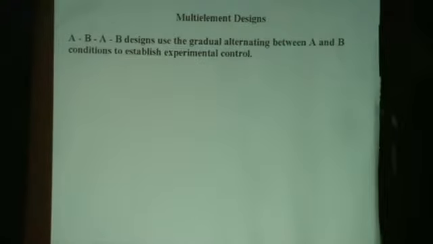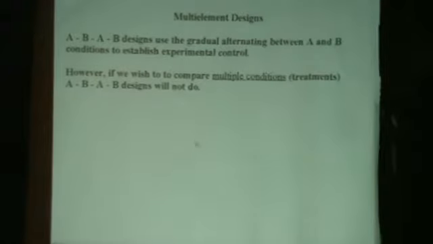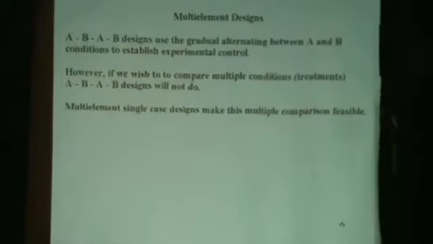That's how they establish experimental control: presenting a baseline, then an intervention, then withdrawing the intervention, going back to baseline, and then the intervention again. However, if we want to compare multiple conditions, multiple interventions, multiple treatments, an AB design will not work well for us. But a multi-element design can make these multiple comparisons feasible.